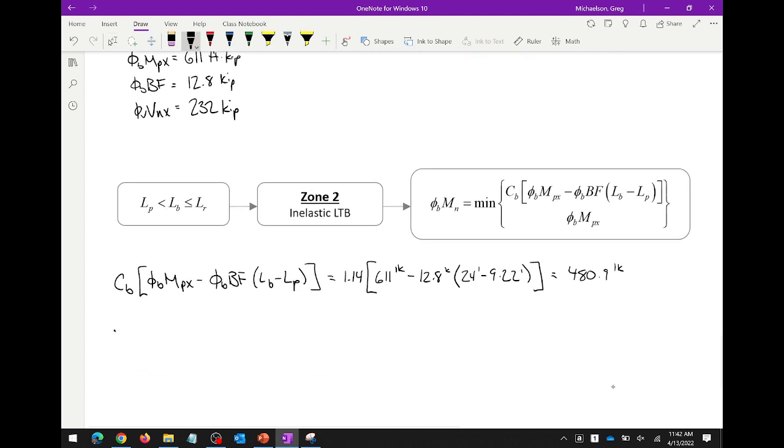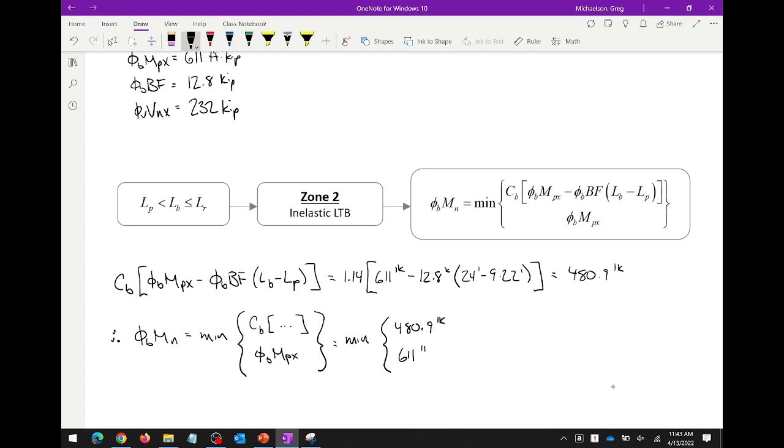So therefore, phi Mn is the minimum of Cb times all that junk, or phi Mp. So that's the minimum of 480.9, or phi Mp, which was 611.